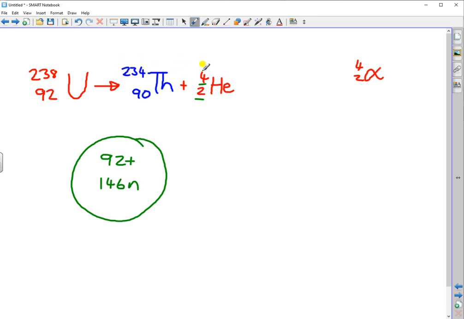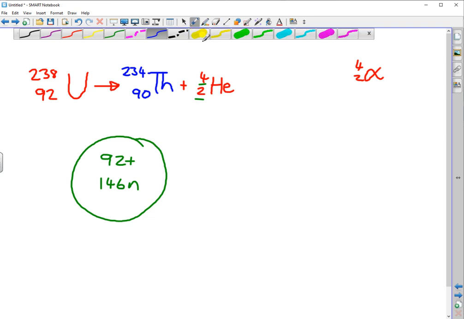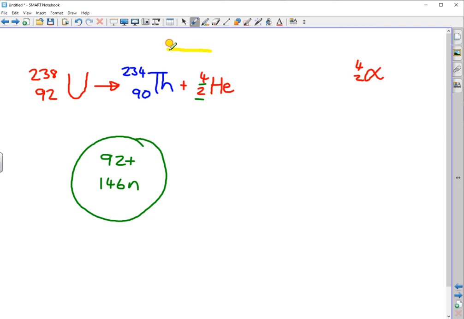So we can see this 4 plus this 2, 3, 4 makes 2, 3, 8, and this 2 protons plus 90 protons equals 92. So this here is a very famous decay equation for alpha radiation. Alpha radiation can be given off from lots of different isotopes, but this particular one is quite well known.